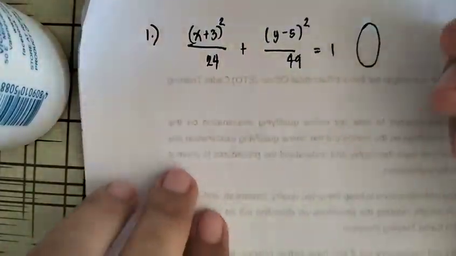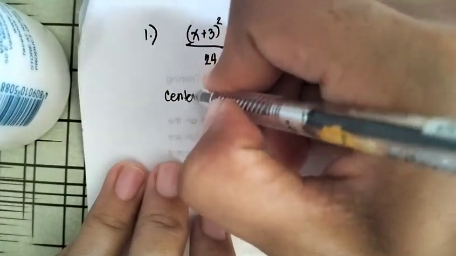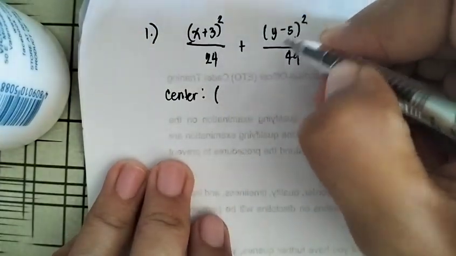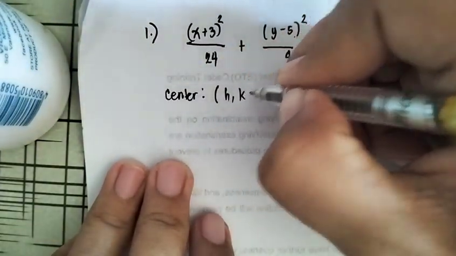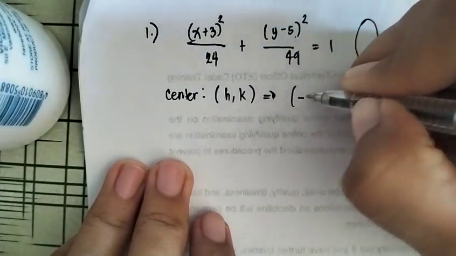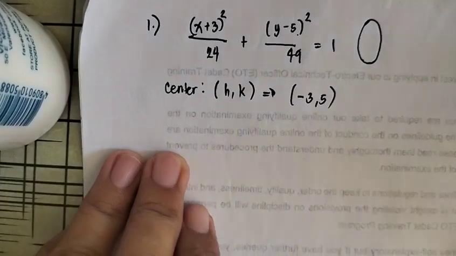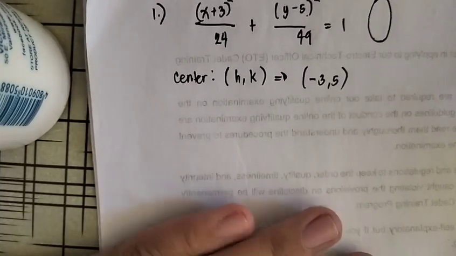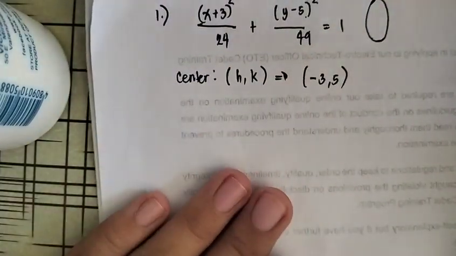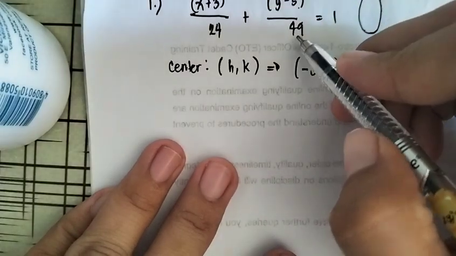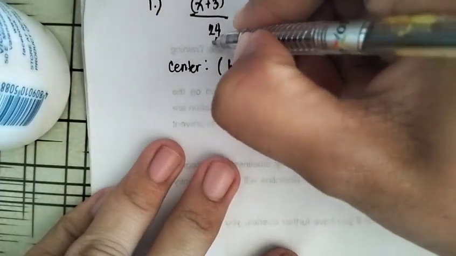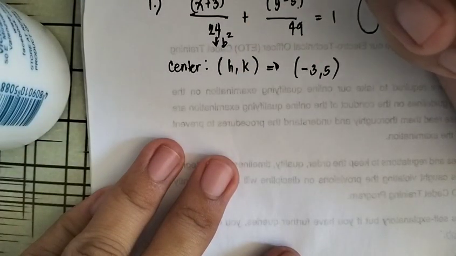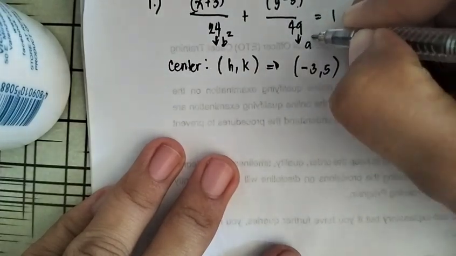Let's determine the center. Si h and k, nakay negative 3 and 5. So, (h, k) is (negative 3, 5). Sunod, pangitaon na ang mga value. Kani si 24 is b squared, kani si 49 is a squared.